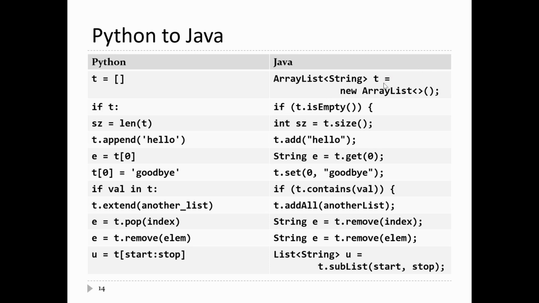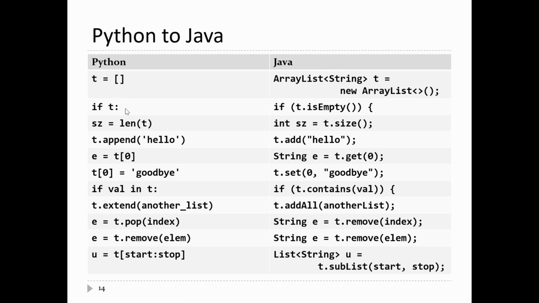So t is equal to, and then you call new and pair it with a constructor. Remember, the name of the constructor always matches the name of the class itself. So there's how you make an empty list of String. If you wanted to make an empty list of Integer, you just change String to Integer. If you wanted to make an empty list of something else, you just change that to something else.